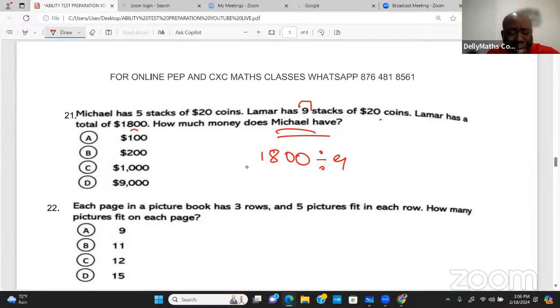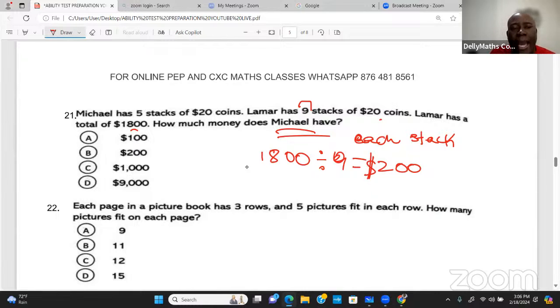If you divide that, it's going to tell you that each stack is actually $200. Each stack, or you could say one stack, whichever way you want to put it. So each stack is 200. So when I have 9 stacks, I have 9 times 200, 1,800.